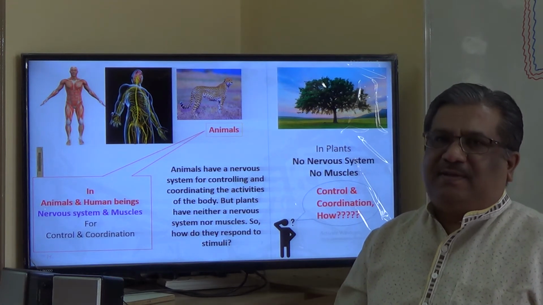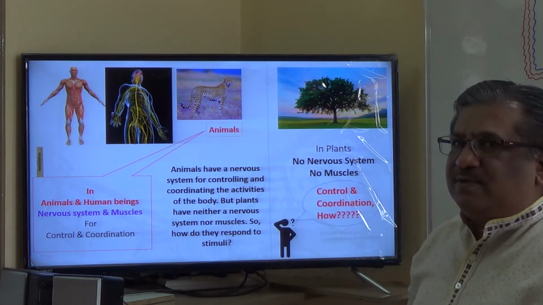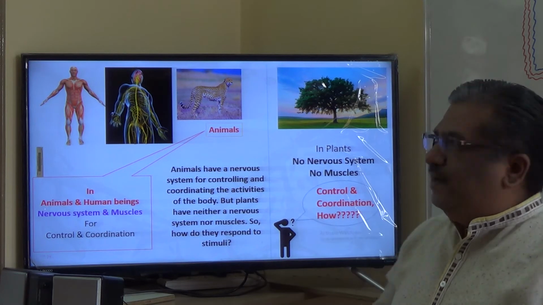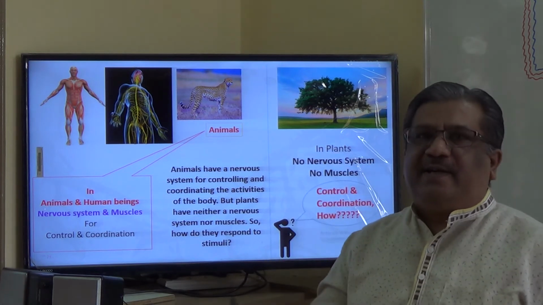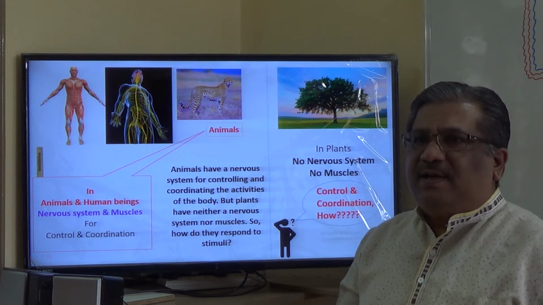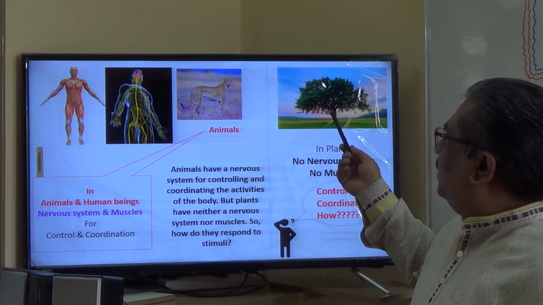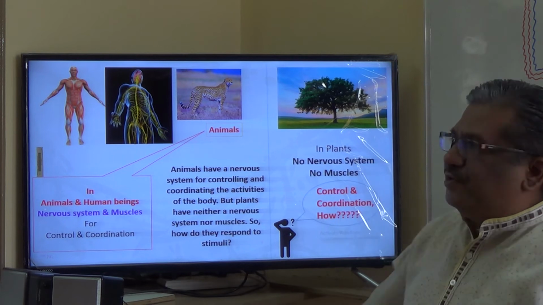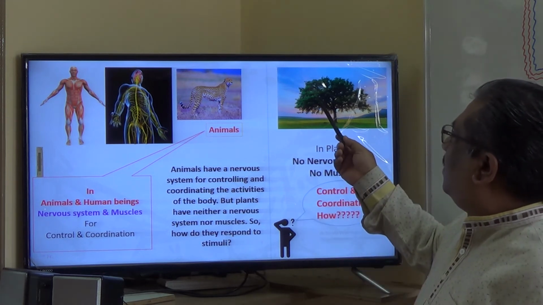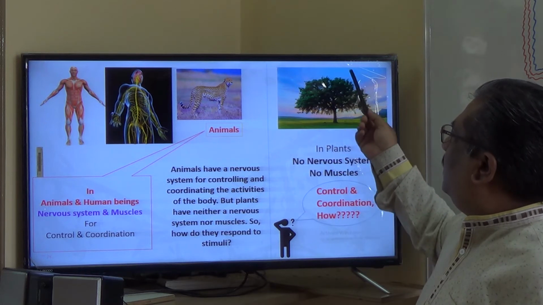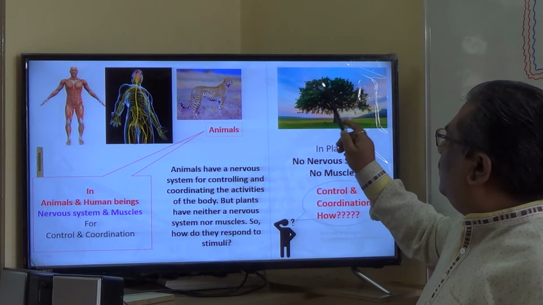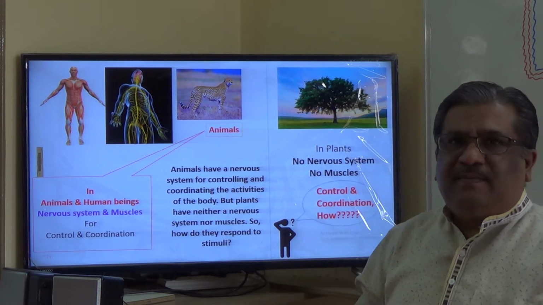Do you think plants require control and coordination? Different parts of the plants need to communicate amongst themselves, isn't it? Definitely there is a requirement for control and coordination in plants. Leaves grow only on the aerial parts. Why are the leaves not growing on this stem here?